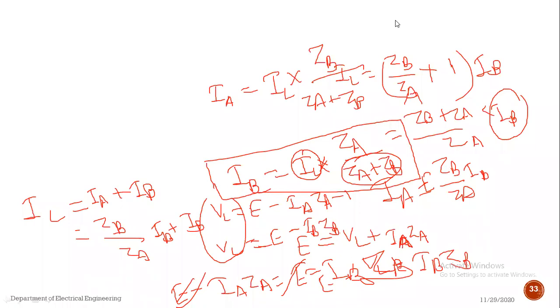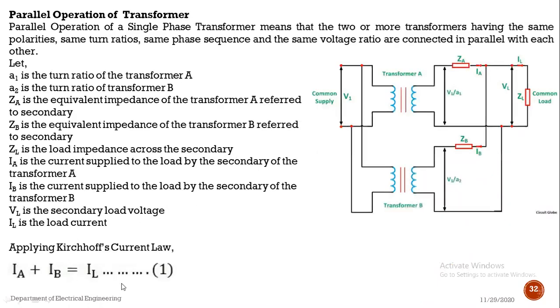No, sir. It is a simple derivation. It can be derived by KCL and KVL. KCL आणि KVL चे इक्वेशन वरून डिराइव्ह केलेलं आहे. So see, KCL equation is IA plus IB equals IL. याच्यामध्ये आपण फक्त KVL अप्लाय केला या लूपला. According to one equation we got, that is VL is equal to E minus IA into ZA.